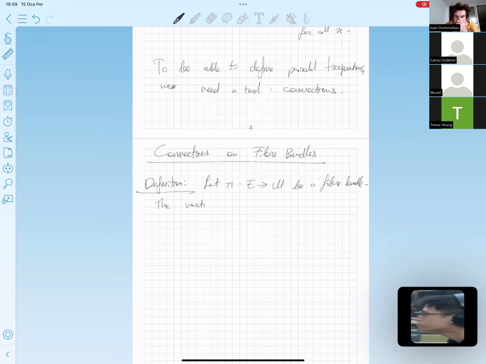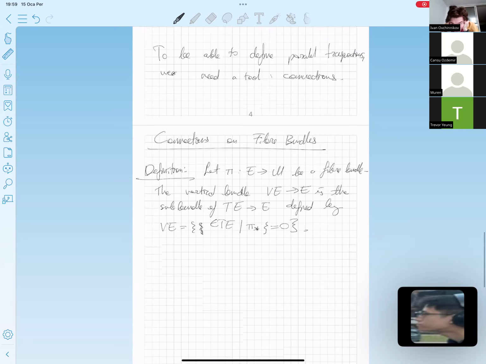The vertical bundle is the sub-bundle of the tangent space of E, defined by the set of xi in T E, so this is the parentheses and the second one is C, even though they look the same, such that pi star of xi is 0.